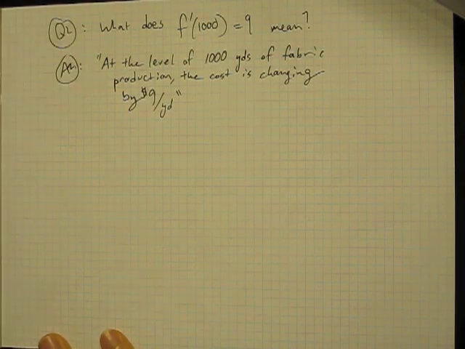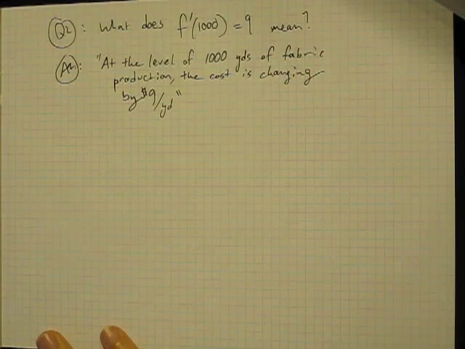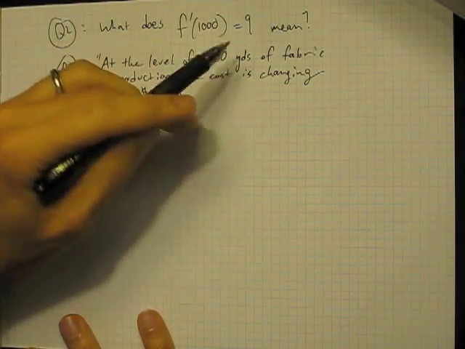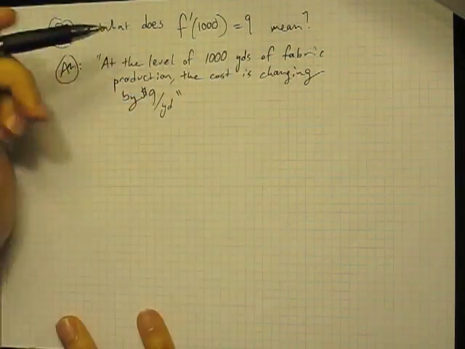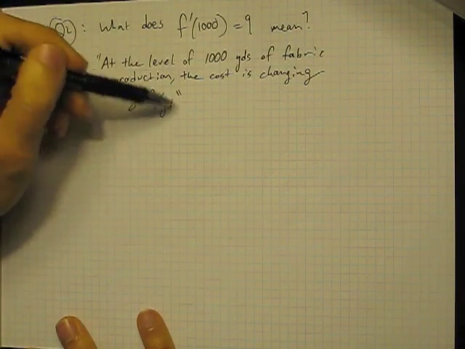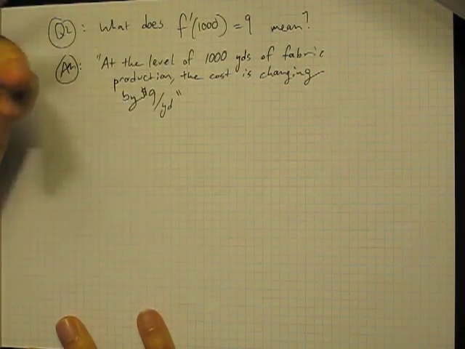There's nothing too tricky going on here, but you have to think a little bit about this. So what this means is that if you're at the level where you're producing 1,000 yards of fabric, then it's going to cost you about $9 to make 1,001 yards of fabric.